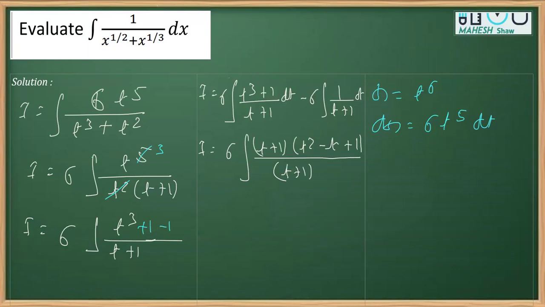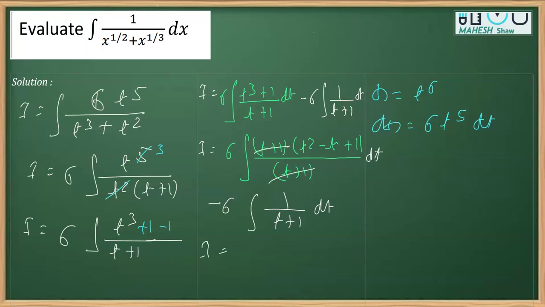So what I am doing here is simplifying this part, and then we'll continue to write minus 6 integration 1 over t plus 1 dt over here also. Now you see that this and this get cancelled.